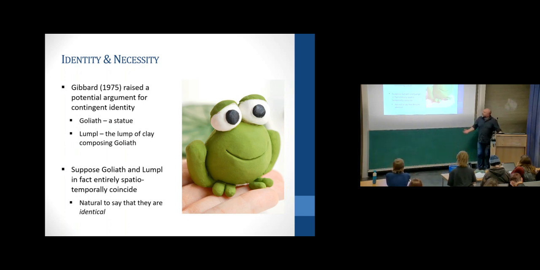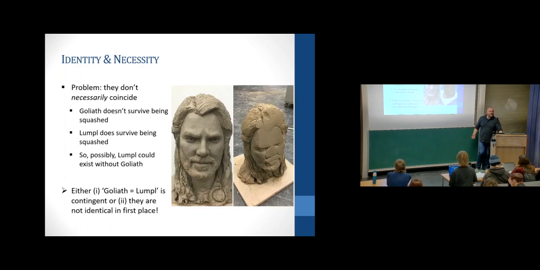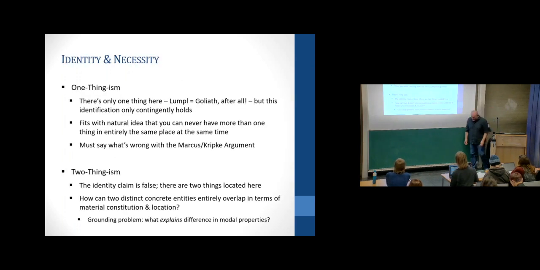So again, in light of this argument, what can we do? There's basically 2 options. One option is what we'll call one-thingism. One-thingism is that there is in fact only one thing here. Lumpel is Goliath. It is an identity claim after all.